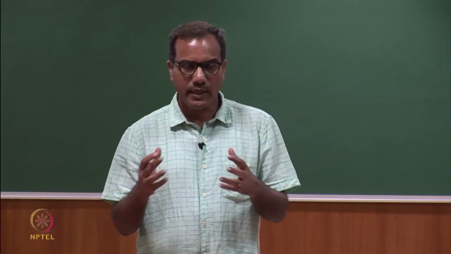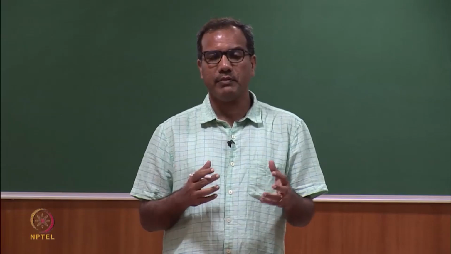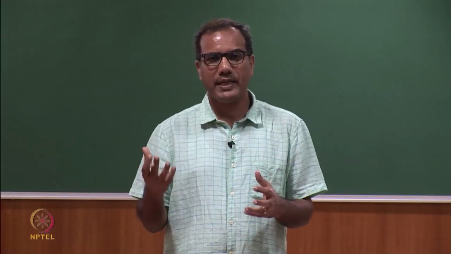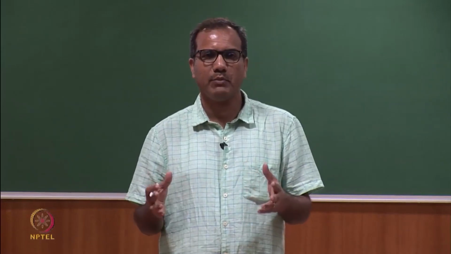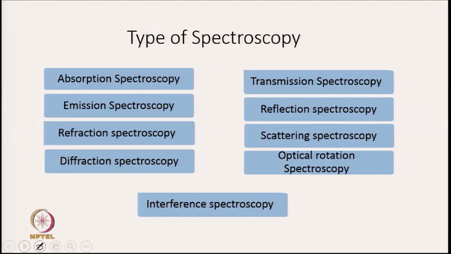So, based on the interaction between electromagnetic radiation and object, you can think of different types of spectroscopy: absorption spectroscopy, transmission spectroscopy, emission spectroscopy, reflection spectroscopy, refraction spectroscopy, scattering spectroscopy, diffraction spectroscopy, optical radiation spectroscopy, or interference spectroscopy.